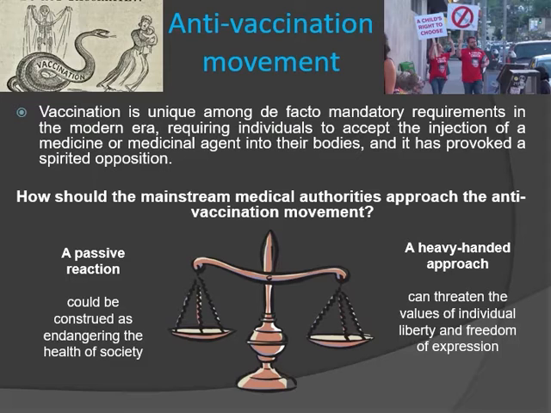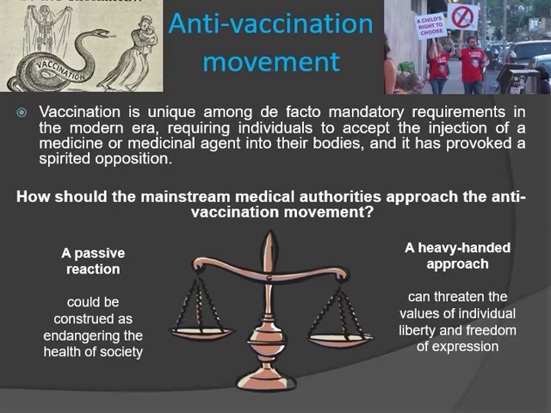From this realization arises a difficult issue: How should the mainstream medical authorities approach the anti-vaccination movement? A passive reaction could be construed as endangering the health of society, whereas a heavy-handed approach can threaten the values of the individual liberty and freedom of expression that we cherish.